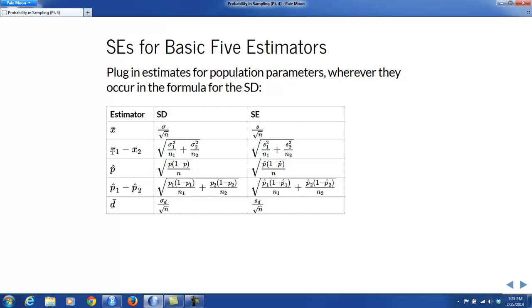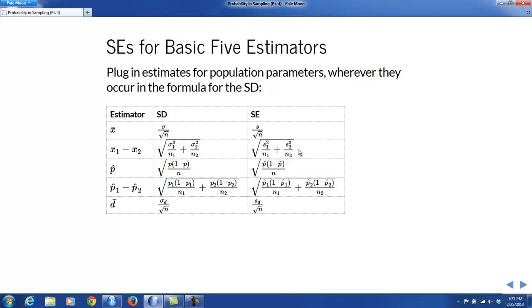For example, in the difference of sample means, here is your formula for the standard deviation of x1 bar minus x2 bar. It has a couple of population parameters in it. It has sigma 1, the standard deviation of population number 1, and sigma 2, the standard deviation of population number 2. So if you simply replace those standard deviations with the standard deviations of the samples that you've taken, those are numbers you can compute, then you have the standard error for x1 bar minus x2 bar.